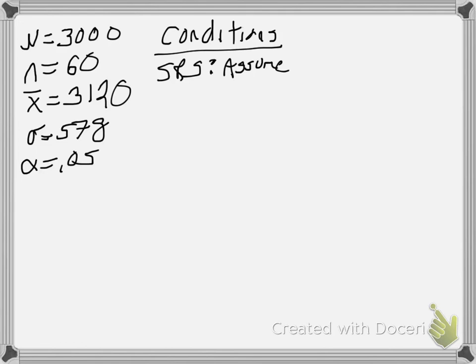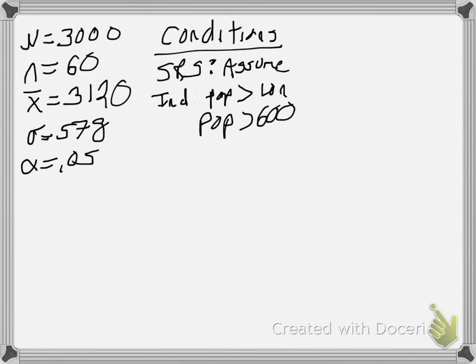Okay, now, independence. Is the population greater than 10n? So is the population greater than 600? Do you think there's more than 600 plots of land that have peanuts grown on them?